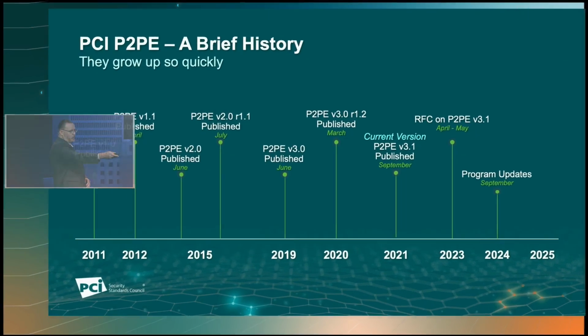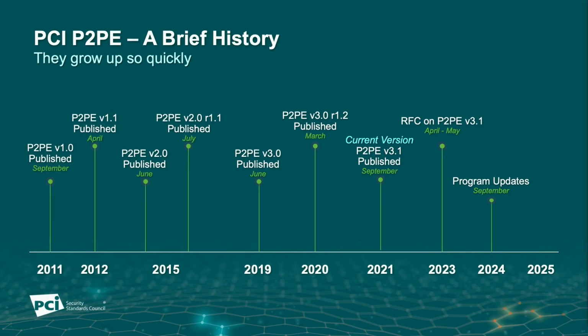Version 1, and we have Lauren involved with version 1, was all the way back in 2011, 2012 with 1.0, 1.1, up until 2015 when we published version 2 and introduced, and it's a word we've heard today, the P2P component construct, which I will talk more about. All the way till 2019, we did the v3.0 release, and we improved upon that model and made other changes to the standard and program.